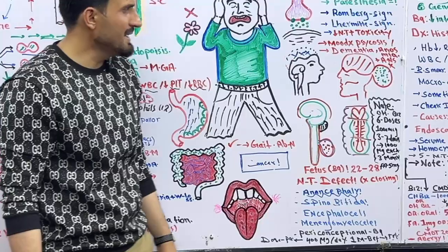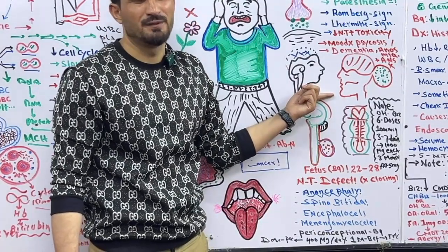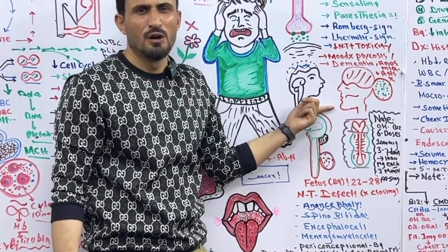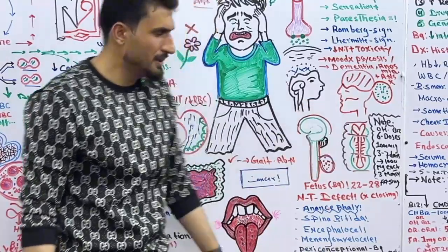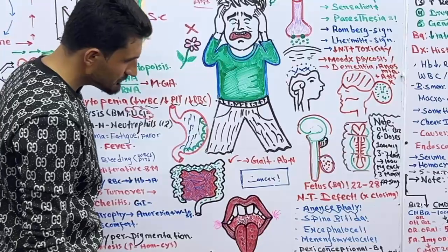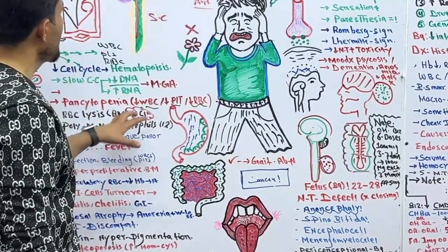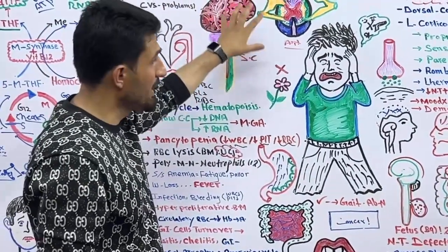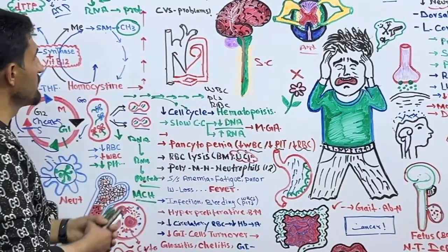Got it? And it's not developed due to vitamin B12, because a patient can store vitamin B12 for more than 5 years. Okay, but it can be developed also during deficiency of vitamin B12. Got it? Now these were all about complications of vitamin B9 and vitamin B12, and also hyperhomocystinemia.